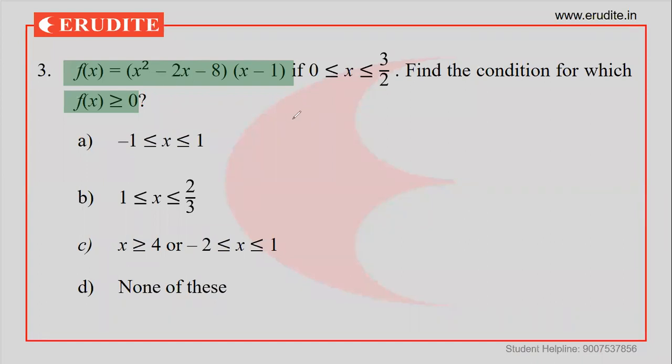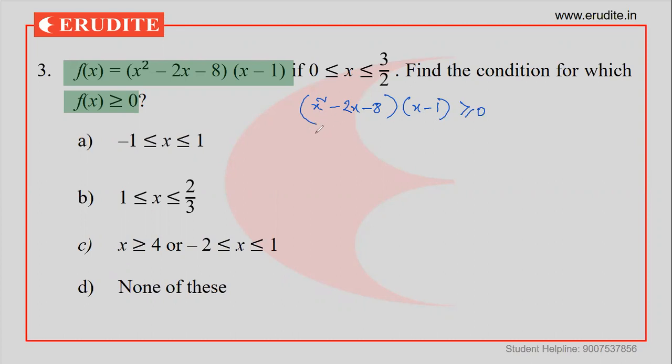Let me write it down first. So here (x² − 2x − 8)(x − 1). This is the entire function, which is mentioned as greater than or equal to 0. Now first I will break this entire part.